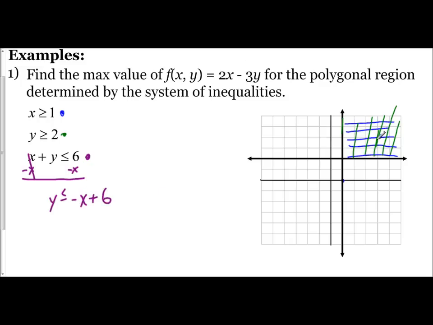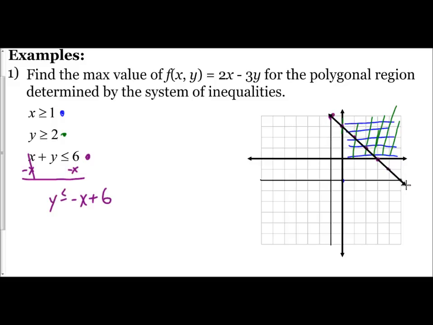So I have a y-intercept of positive 6, up at 6 on the y-axis. I have a slope of negative 1, so down 1, right 1. Down 1, right 1. You're going to want to go across the entire grid because the whole point is to find our vertices of the polygonal region, our intersections of these inequality graphs. This is also a solid line because it's or equal to.